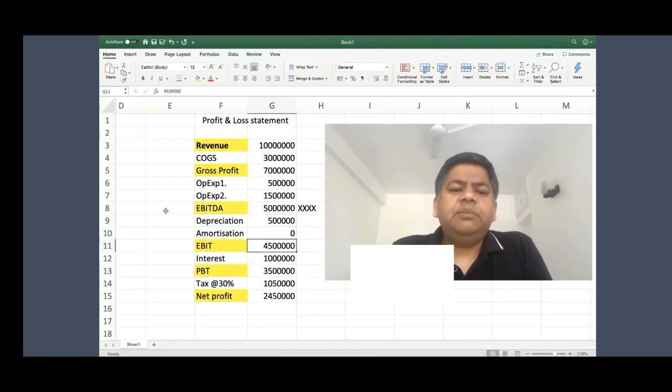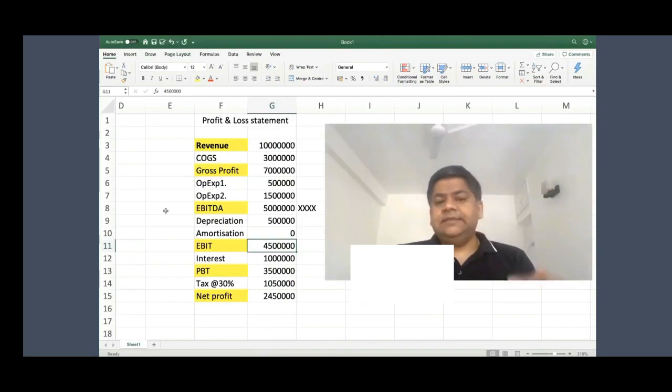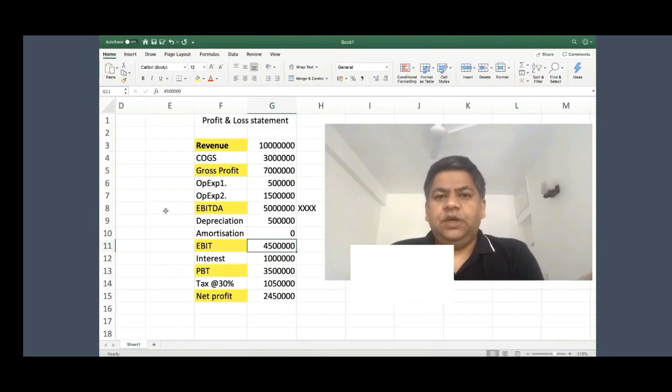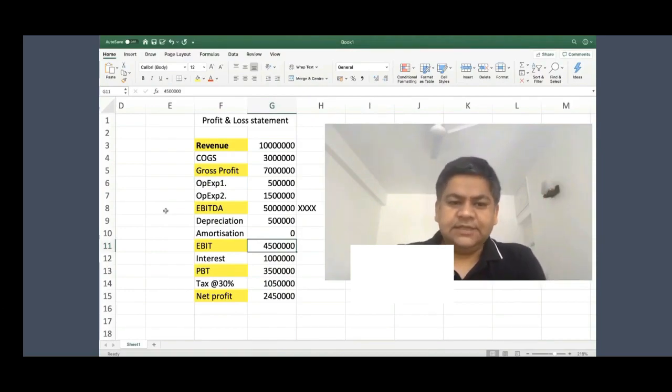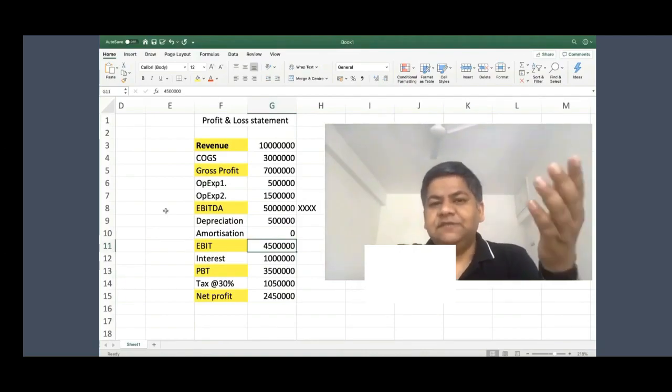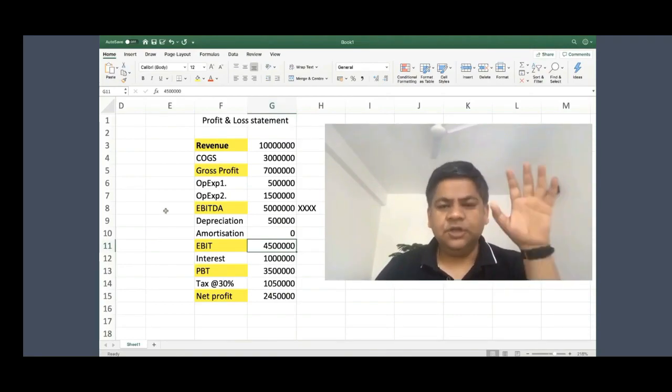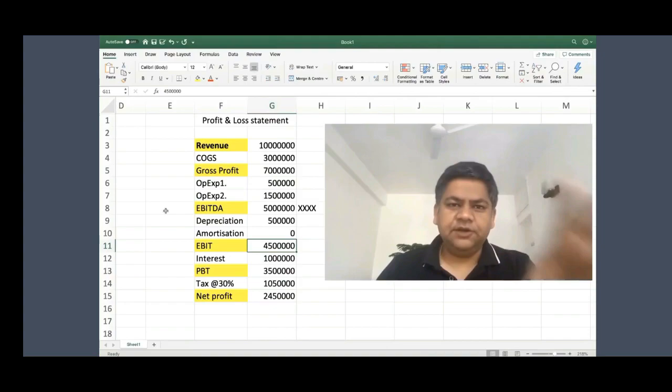Then you have EBIT, right? Standalone, when you are looking at the profit and loss statement, you will see that if this company is paying interest, this must also reflect in the balance sheet, because the balance sheet will have your debt and your equity portion. We will learn about that in future, but at this point, while we are learning the profit and loss statement, we have taken one example.